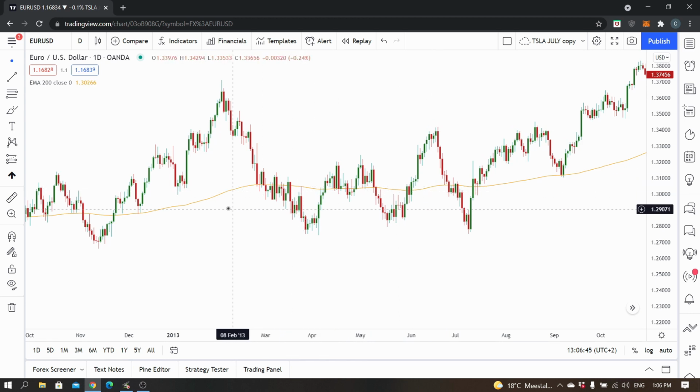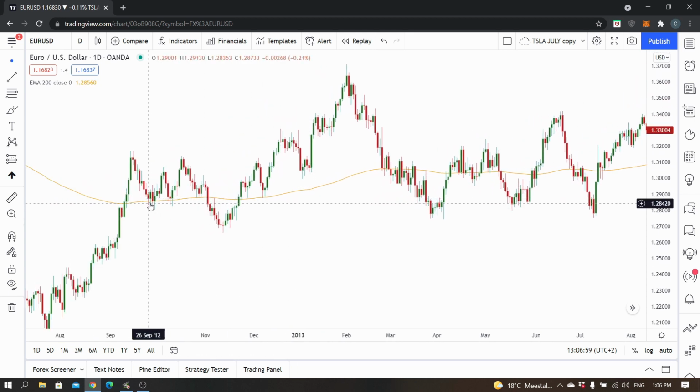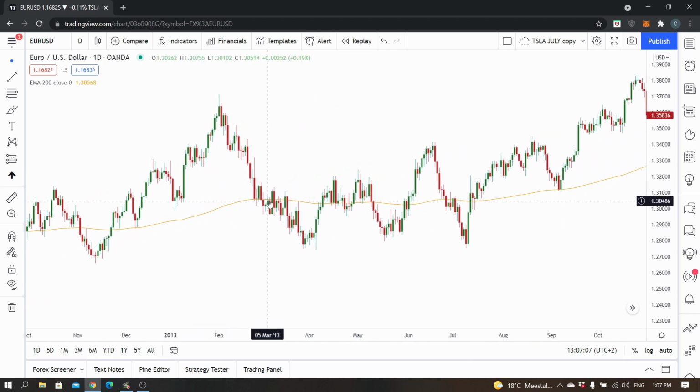So that's the first reason, and we are going to test how it has worked. The second reason is that it also functions as a very strong support and a very strong resistance. You can already see it a little bit right here. Support, support, support, resistance, support, support, support, resistance, resistance, resistance.